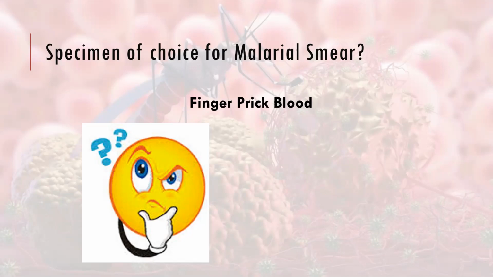Okay? Yung venipuncture, hindi mo ganun kasakit, pero yung finger prick, masakit pa din. Yes, that is the specimen of choice, the finger prick blood. Bakit? Because EDTA may lyse our malarial parasite. Okay? So finger prick blood is recommended.